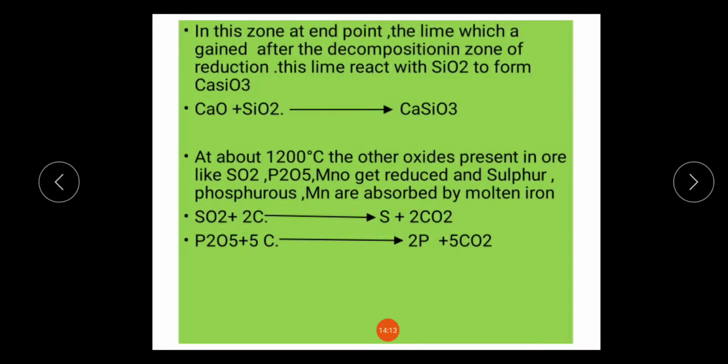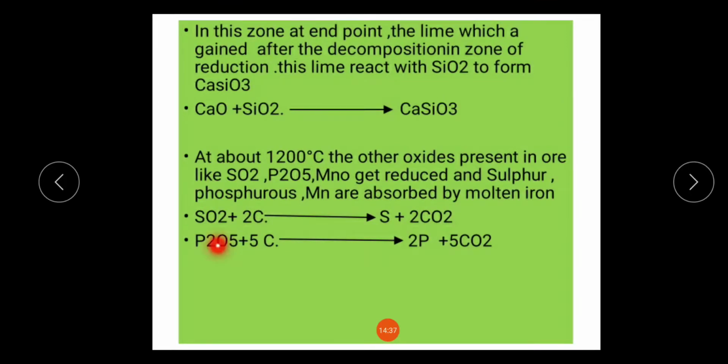Now we discuss the reactions which are related to the reduction processes. Such reactions are SO2 is reacted with the carbon to form sulfur plus carbon dioxide.